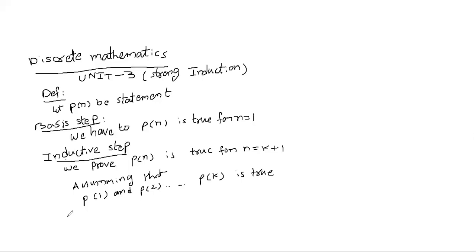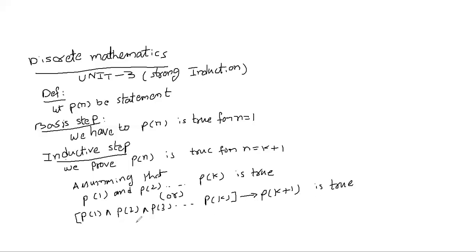So we can write this in another way, like a conditional statement: P of 1 and P of 2 and P of 3 up to P of k implies P of k plus 1 is true.